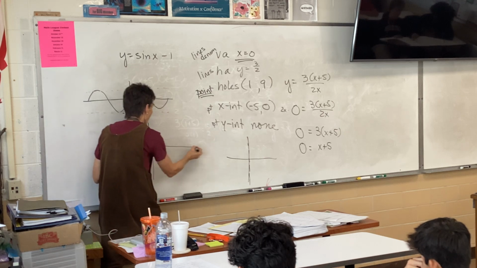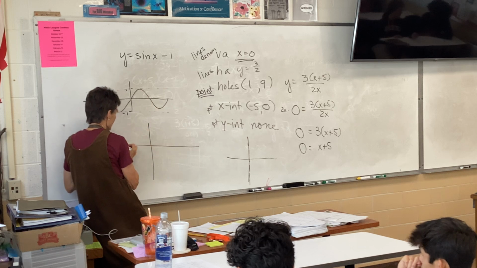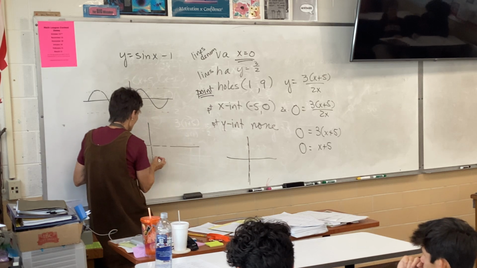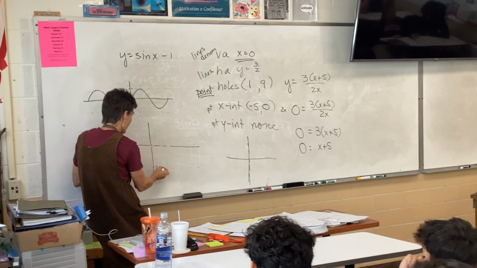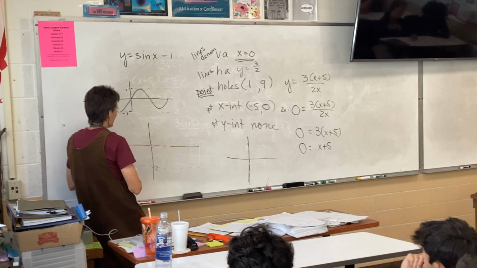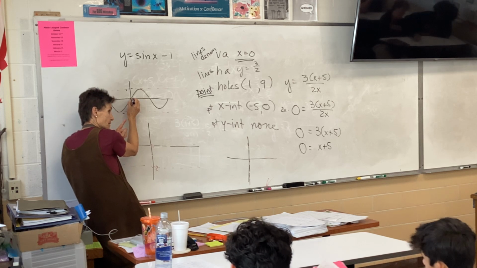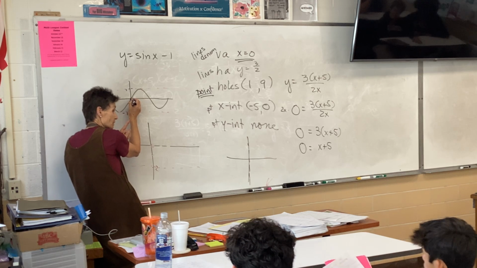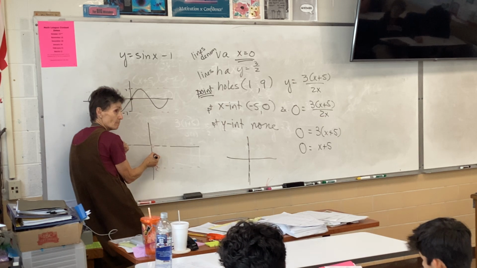So now my new ceiling will be at 0, and my new floor will be at -2. Everybody good with that? And the point that was at the origin got dropped down too. So it's going to be right here now.